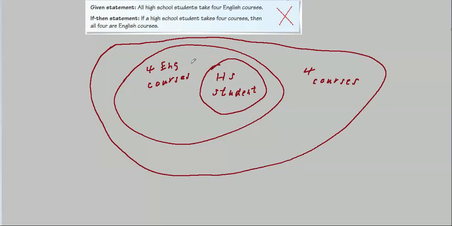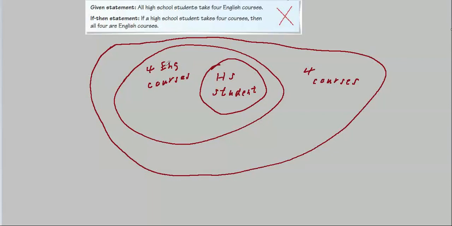Now, there are other people who may take 4 English courses, college students, people who aren't even in school who just want to take English courses, people taking English as a second language. Lots of people take English courses. They're not always high school students, but if they are high school students, they must take 4 English courses. Now there's another bigger category out here, which is the category of 4 courses.